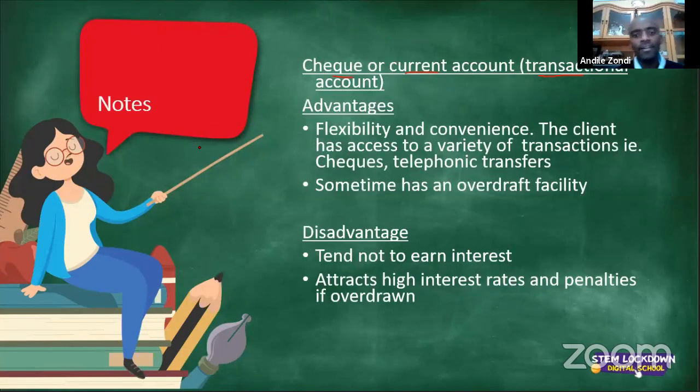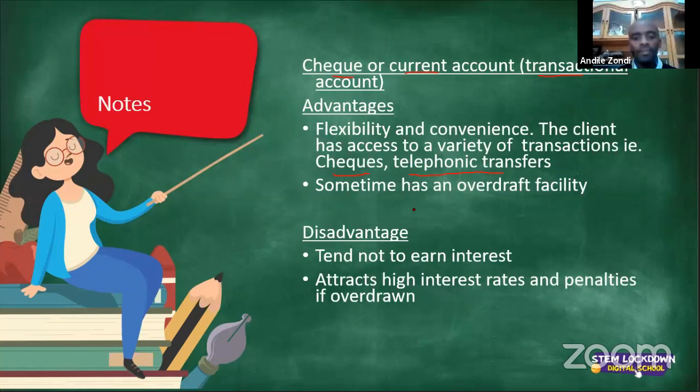Now let's look at advantages. This type of account is very flexible and convenient for clients because it allows them to have access to various forms of transactions. For example, if you have a check account, you have access to a checkbook. You can even sometimes have access to telephonic transactions, which you don't get with other types of accounts, and many more.